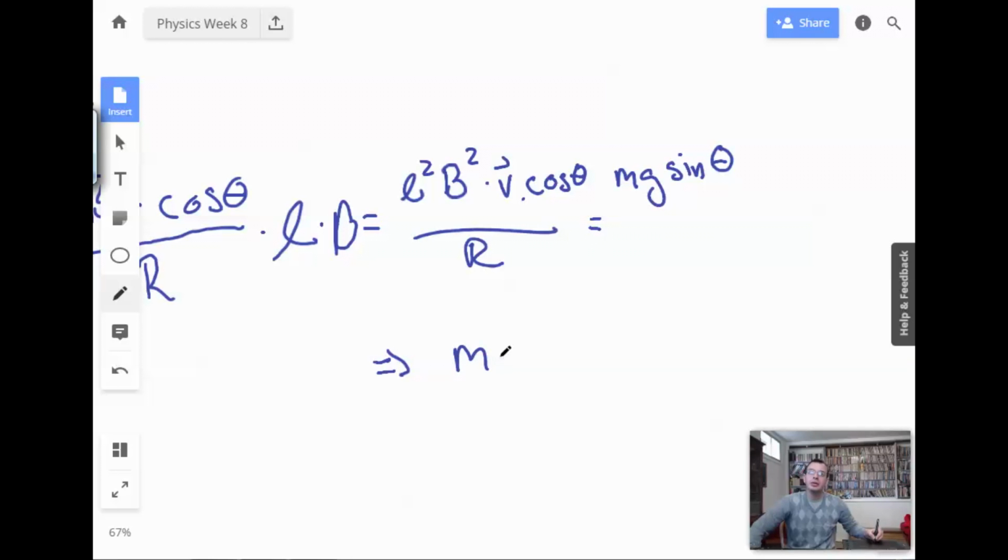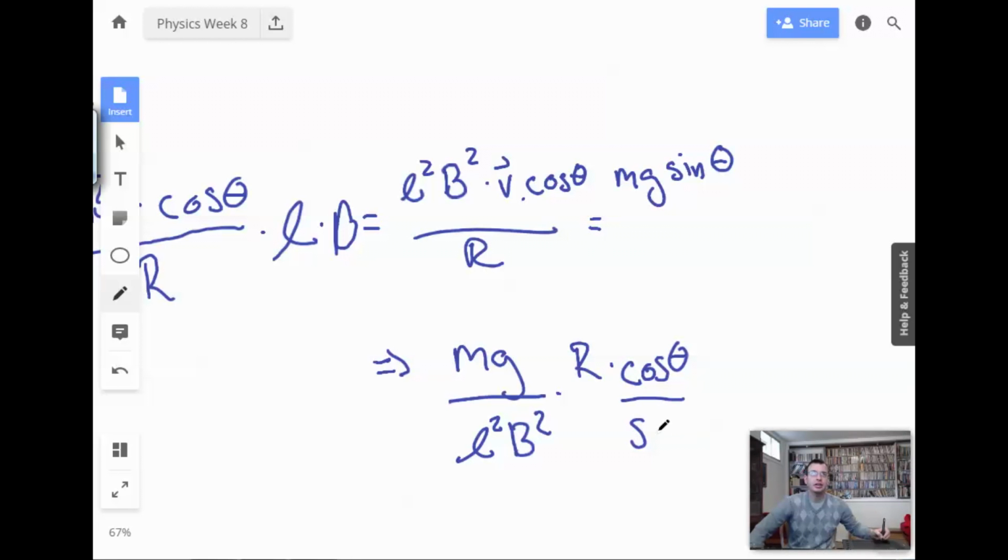So mg over L squared B squared times R times cosine of theta over sine of theta. Sine of theta over cosine of theta. There we go.